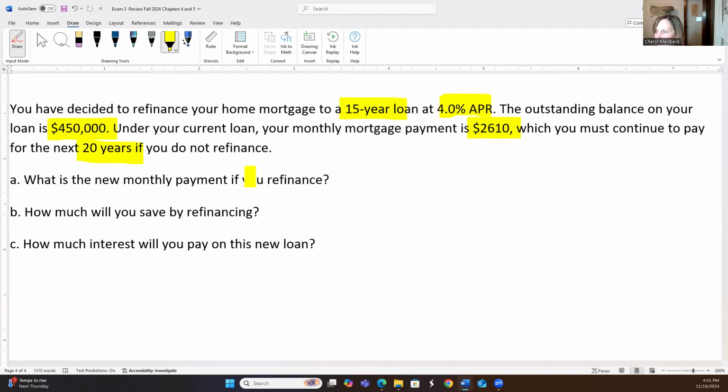So let's find our new monthly payment for a 15-year loan at 4%. And then we'll see if we save any money by refinancing and how much interest you will pay on this new loan. We're going to be using the same formula as above, so let's write that down because we want to find our new monthly payment.